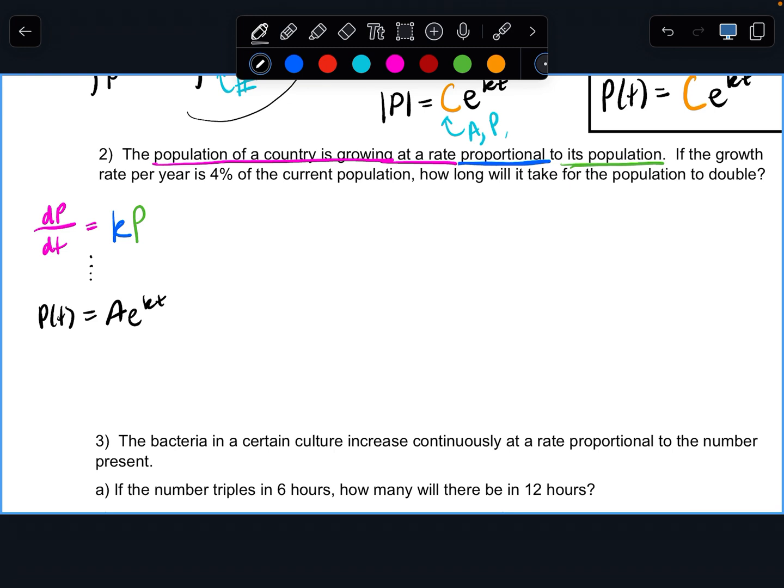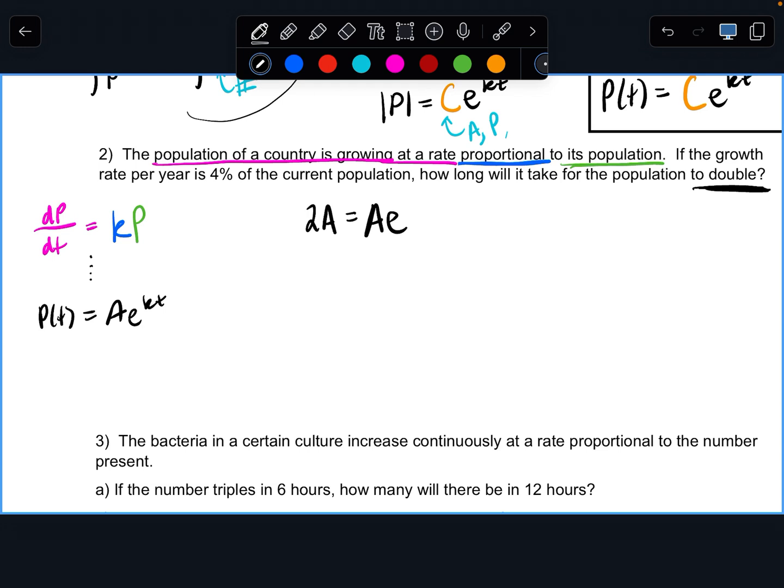Okay. So now what you're going to do is just fancy plugging in, honestly. So it's basically if the growth rate per year is 4%, how long will it take for the population to double? So this again, P of T is population. So if I want the population to double, that's whatever my initial is. So say my initial is whatever A. If I want it to double, that would be 2A, correct?